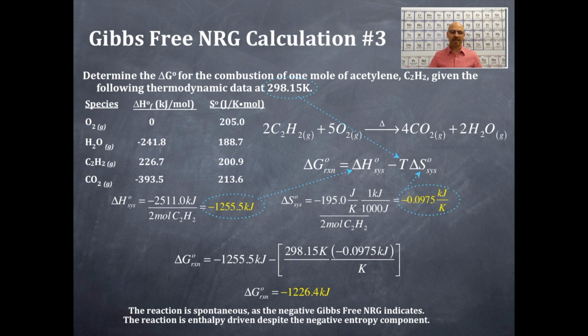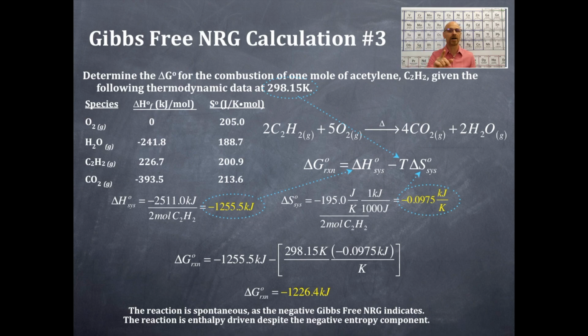The reaction is enthalpy driven. That's the delta H term, because it is exothermic despite the negative entropy term. That negative entropy term means that it is more ordered, so the product side is more ordered than the reactant side. All right, hopefully that makes sense to you.